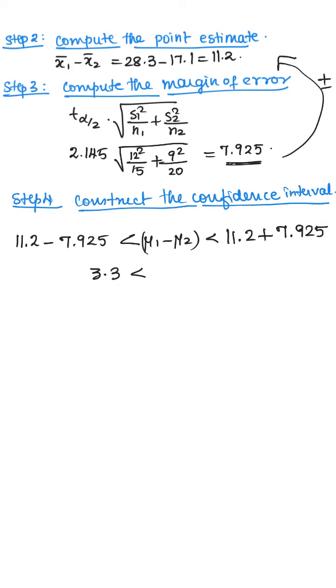So 3.3, and this is 19.1. Now interpret the result.